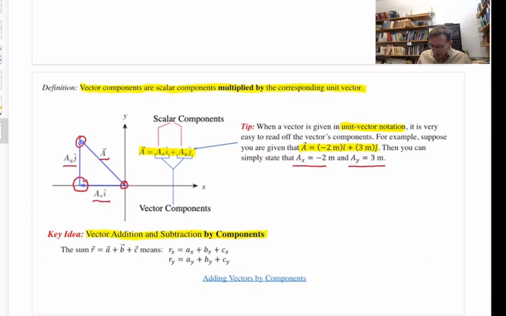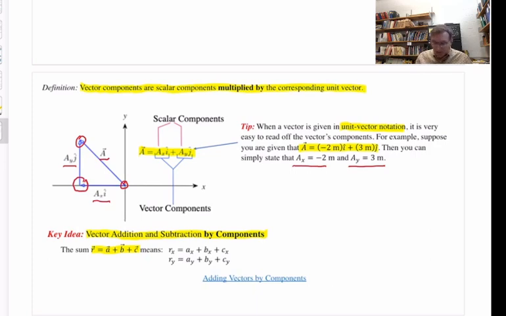That's what this line right here means. I called the resultant R. R is what you get when you add A and B and C by vector addition. Now we could try that vector addition using the head-to-tail graphical method, but that's not going to be really quantitative for us. Here's the way we're going to do it.